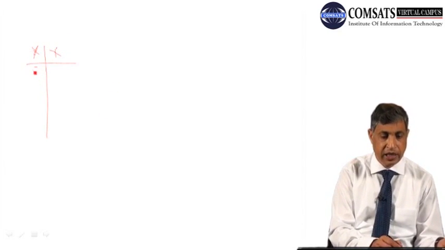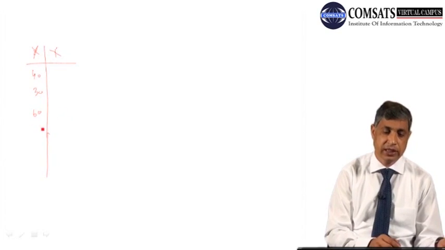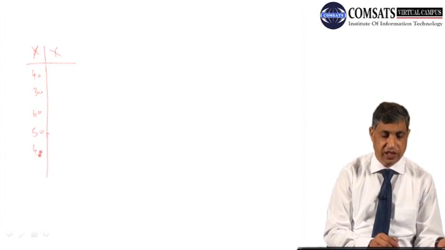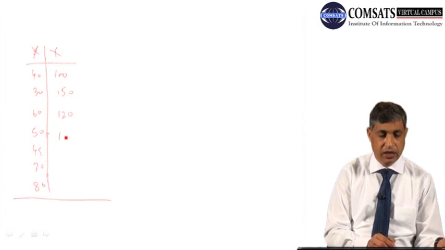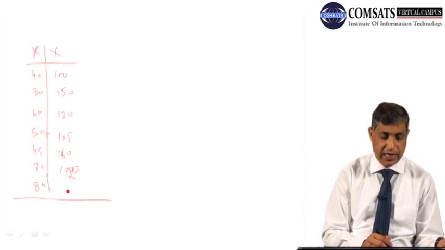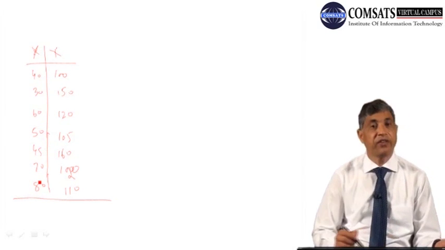Now I will randomly take 7 values for y: 40, 30, 60, 50, 45, 70, and 80. And for x: 100, 150, 120, 105, 160, 100, and to differentiate from the other 120, I will say 110. Now you can see there are 7 pairs of values.